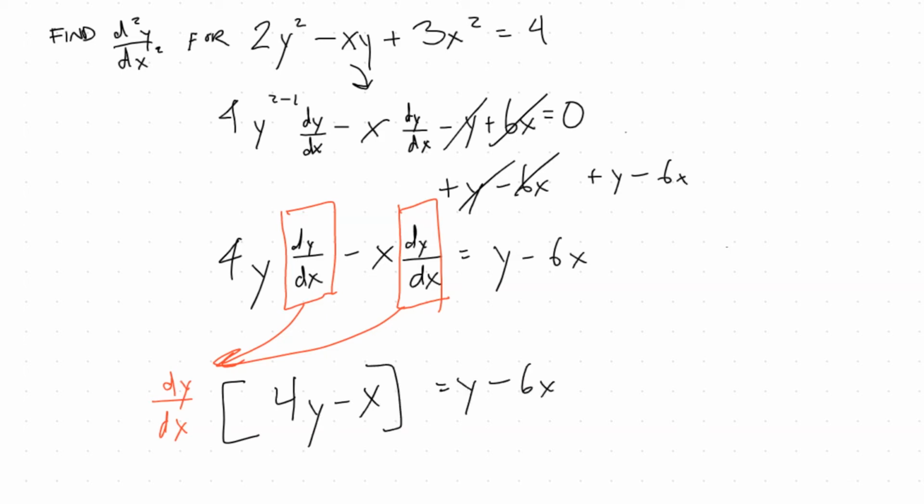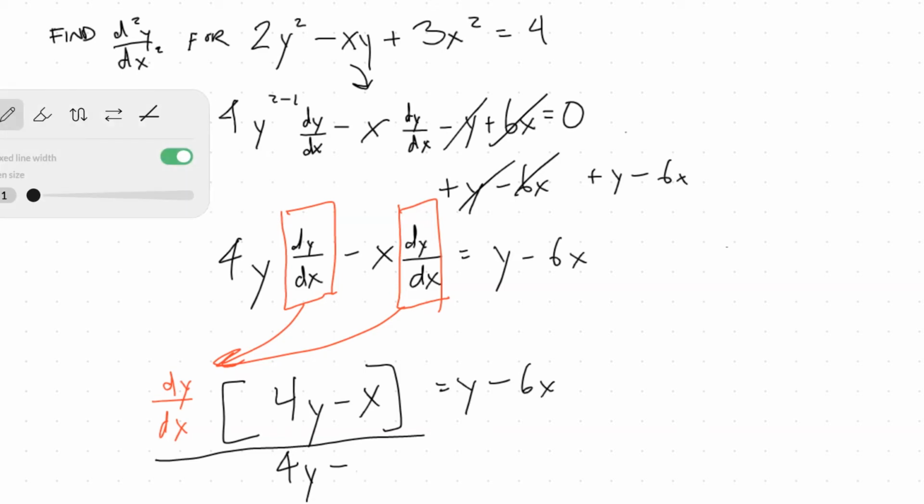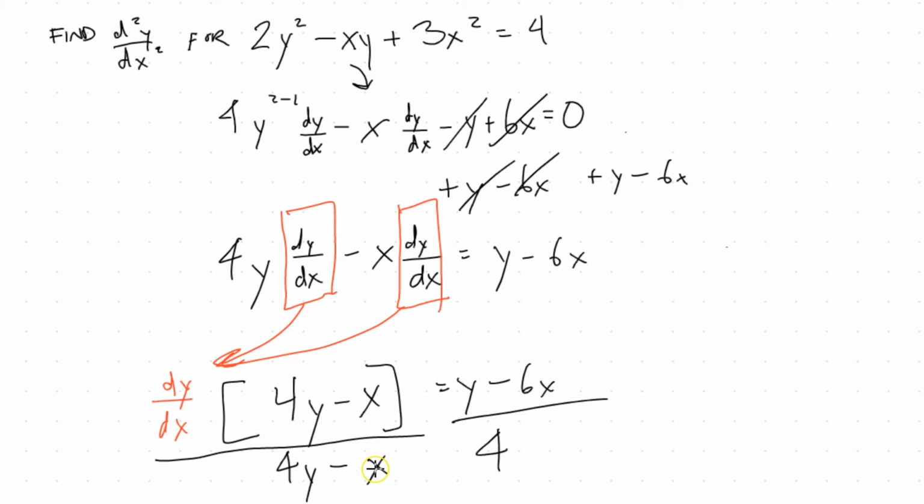And to finish this out, I'm just trying to get the dy/dx by itself. So to solve for that, I am going to divide here by 4y minus x.